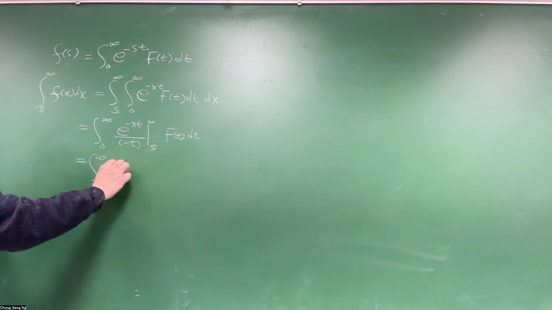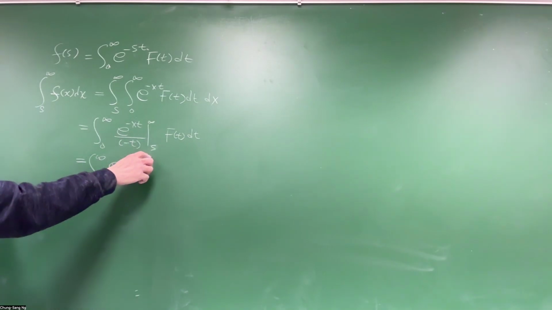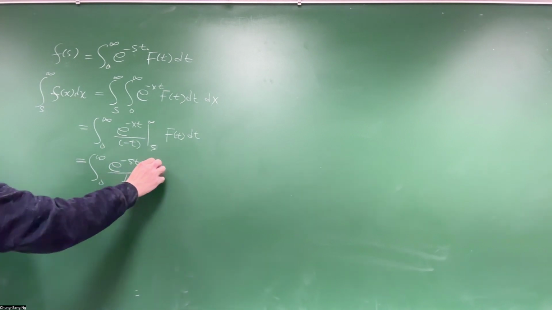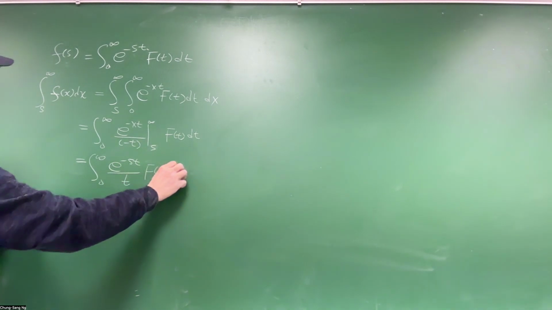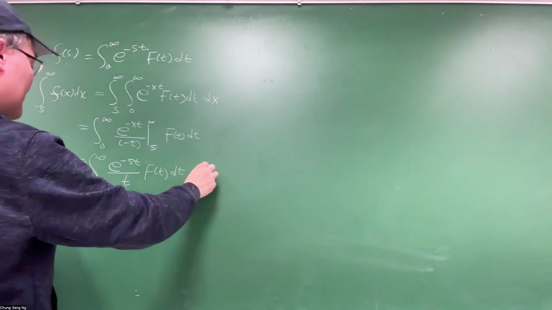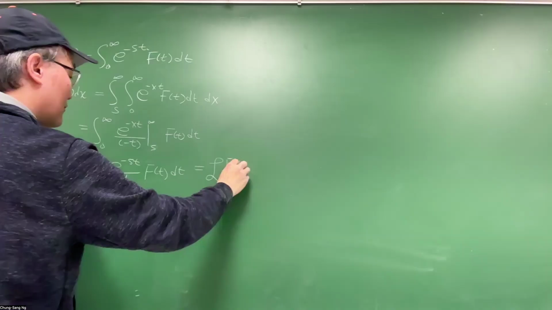So we get e to the minus st divided by t, f of t, dt, and that is just the Laplace transform of f of t over t.